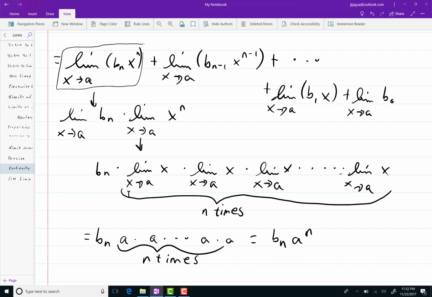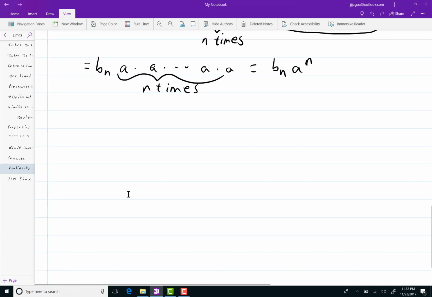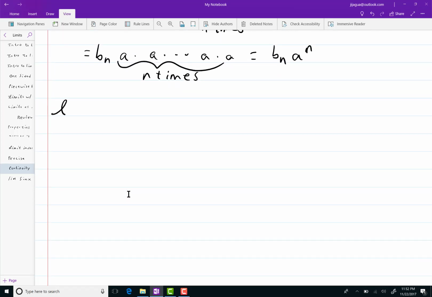Without further ado, I can do the same business on each of the other terms. So what happens in the end is that the limit as x goes to a of p(x) equals b_n a^n plus b_{n-1} a^{n-1}, plus dot dot dot, plus b_1 a, plus b_0.